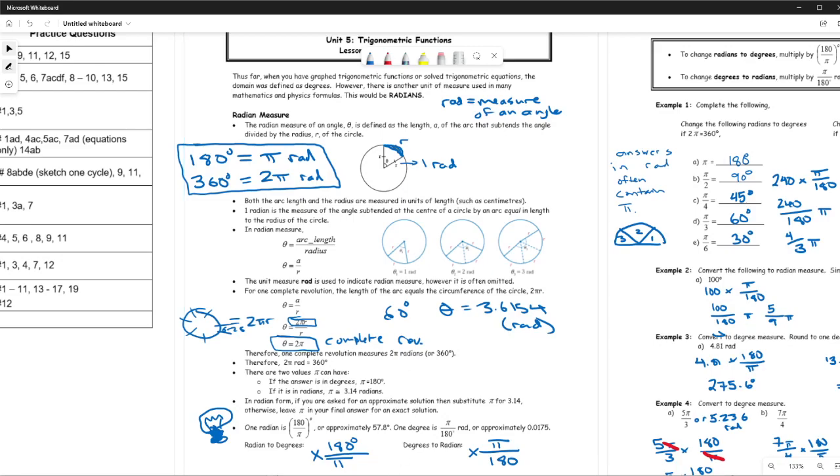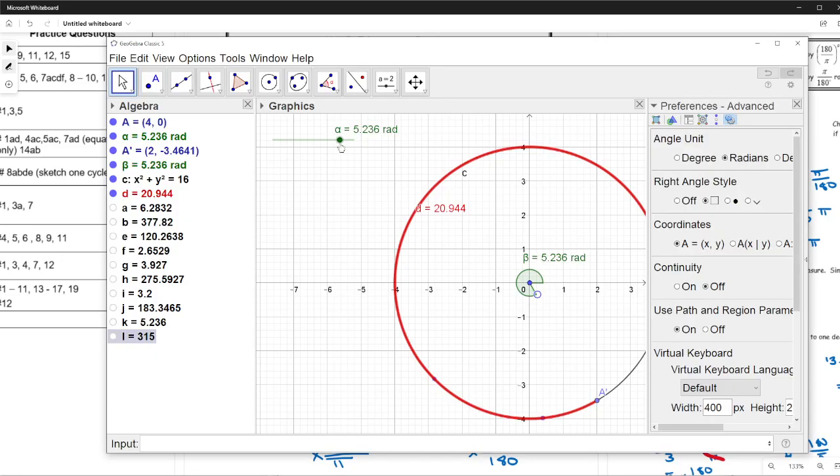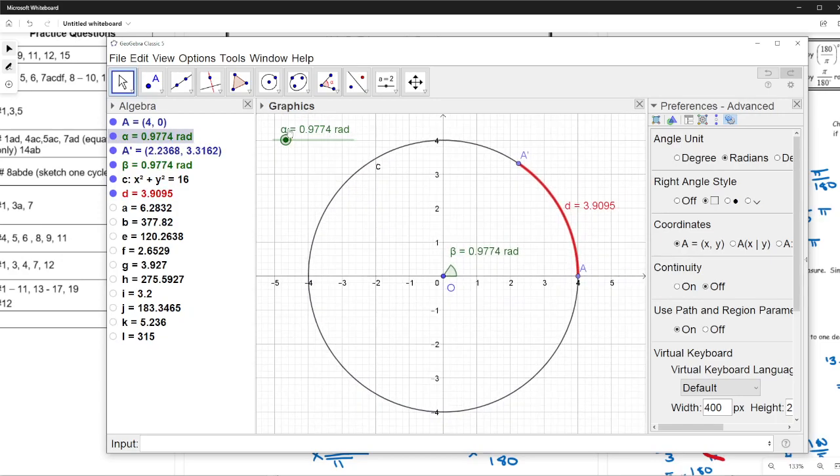Essentially the idea was, remember, if I go with an arc length of exactly 1 rad, so if I go back here to make 1 radian, or at least as close to 1 radian as I can, alpha equals 1. 1 rad means my arc is 1 radius, okay? And that's, remember, the definition of a radian. It's a rad, and it's exactly 1 radius.